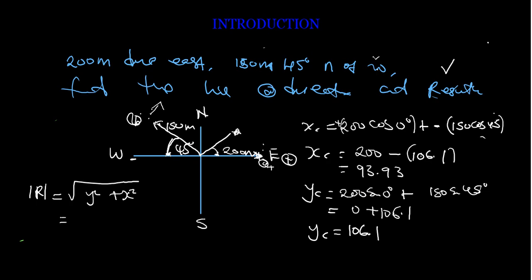Then you put those values: 93.93 squared plus 106.1 squared. Once you root them, you are going to get 141.7 meters as your resultant. So that's how you find the resultant.